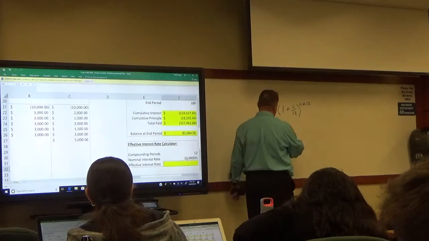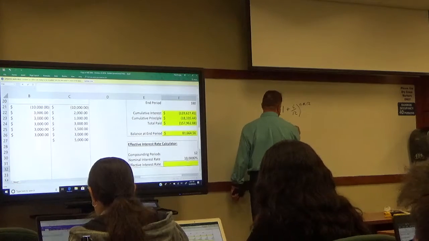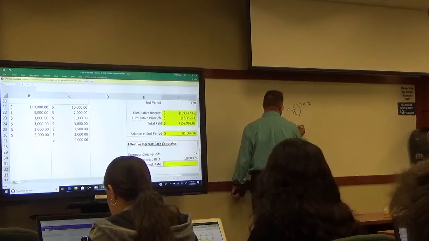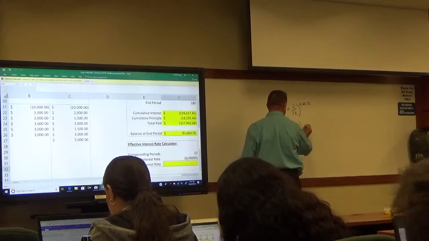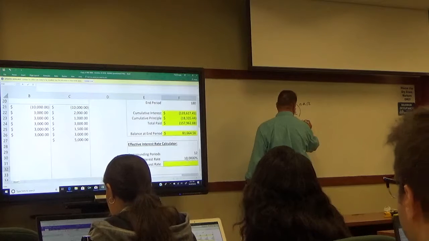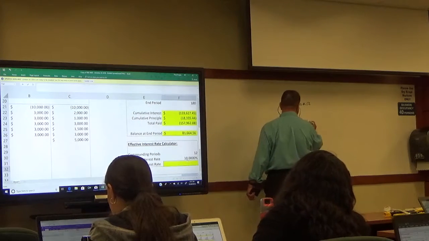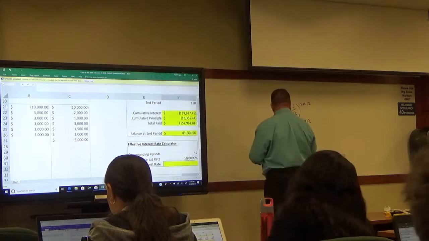So what we should be putting in is the equivalent of 1 plus 0.10 divided by 12, and in this case we're simply going to be doing 1 times 12. Let's see if that works out for us.